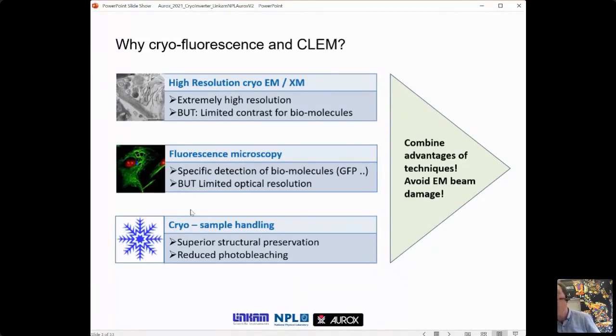The cryo preparation, cryo preservation, helps you keep the cells in your biological sample in a near native state, because it's fully hydrated and is still compatible with the vacuum that the EM requires.